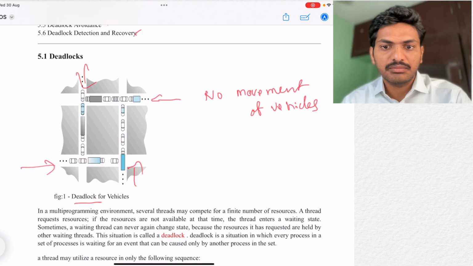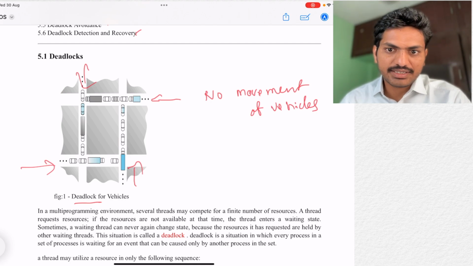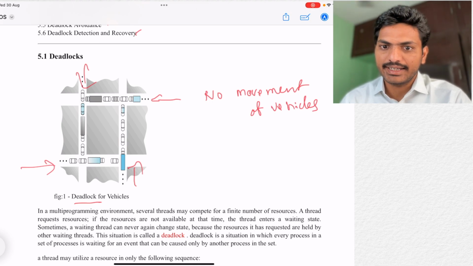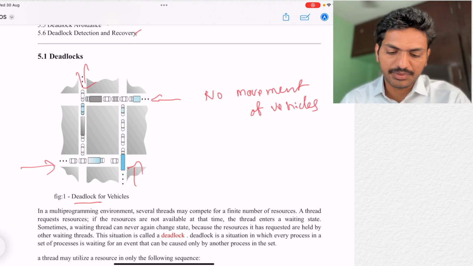This is called deadlock because there is no coordination among the vehicles. It created a deadlock. So we need to avoid such kind of problem. It is a loss for everybody who is driving a vehicle there.